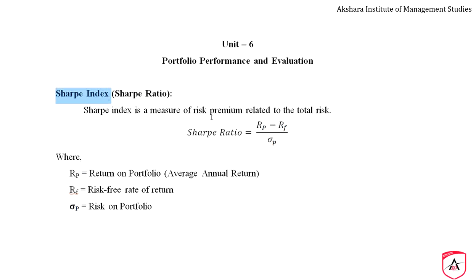Sharpe index is a measure of risk premium related to the risk. What exactly does this mean? In finance, the Sharpe ratio measures the performance of an investment compared to a risk-free asset after adjusting for its risk, which means we are going to compare the returns with the risk-free assets. Risk-free means if we are investing our money in a bank deposit, it is risk-free.